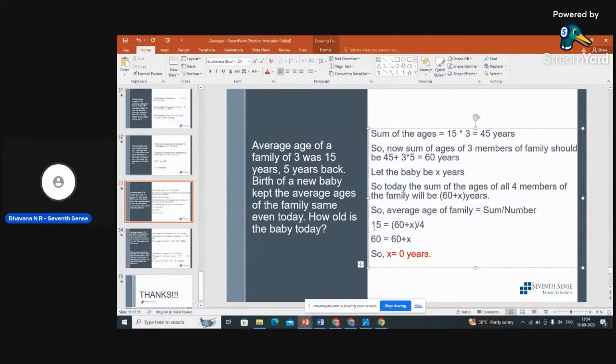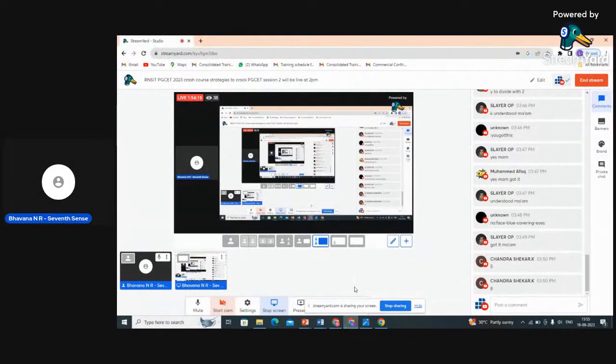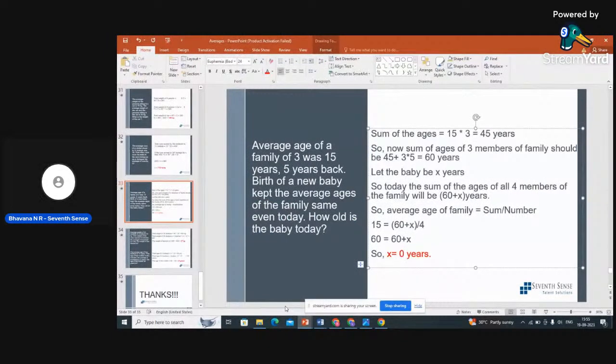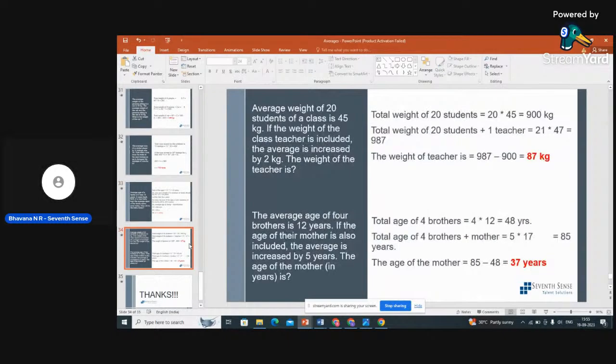So the average is 15 and the sum is 60 plus x, divided by 4, and we just need to cross multiply this. 60 equals 60 plus x, so x is equal to 0 years. So the baby's age is 0 years.